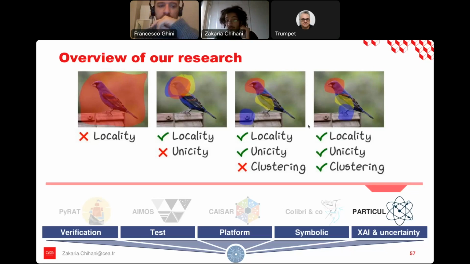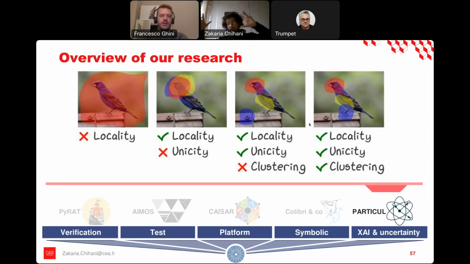And we also want it to be clustered because for us right now, the objects that we apply Particle on are contiguous. So we need the different parts to be close with each other.